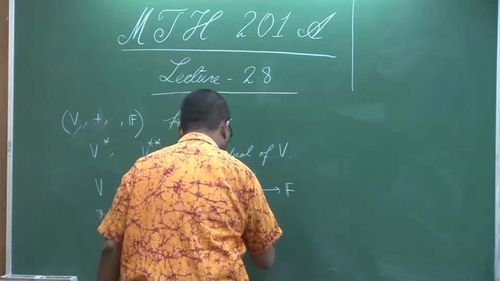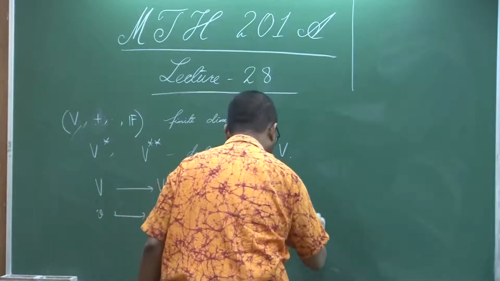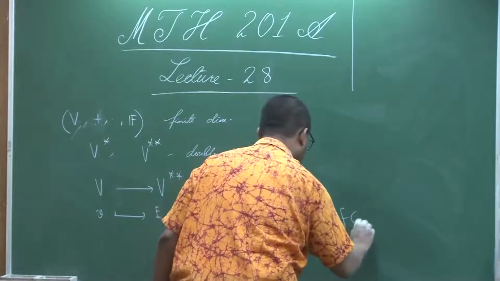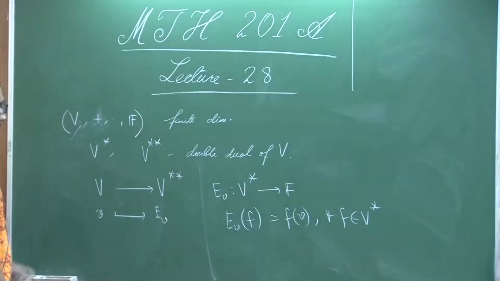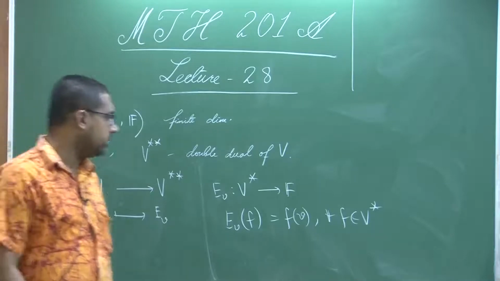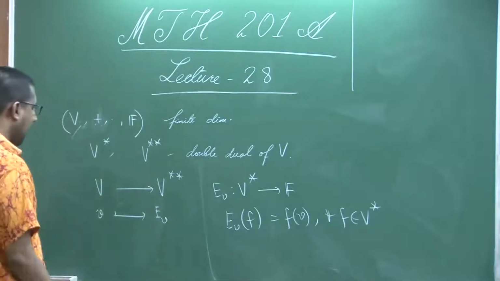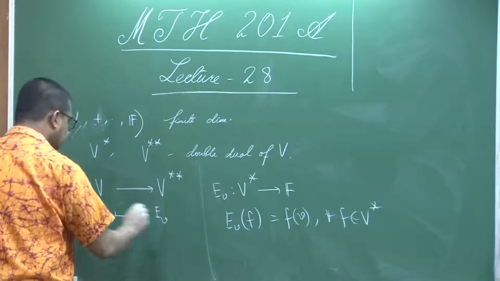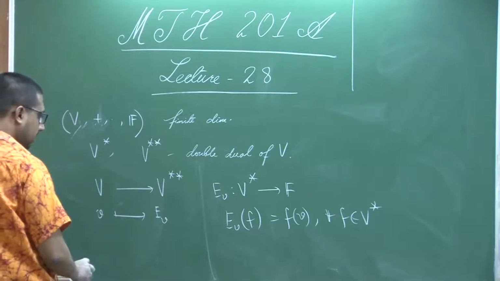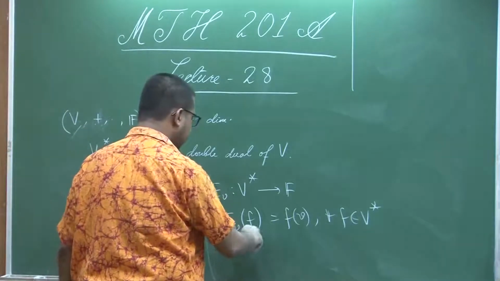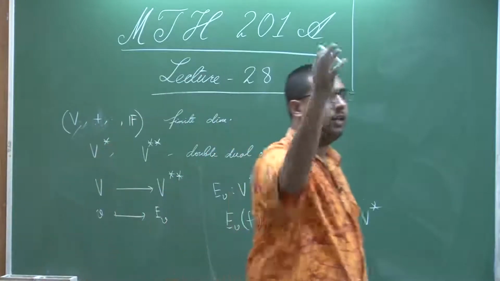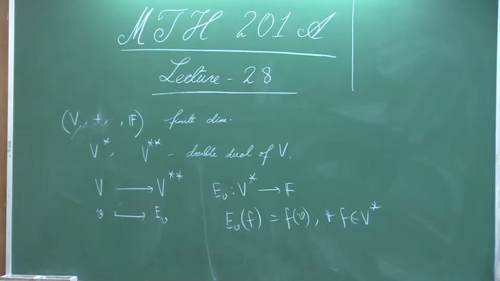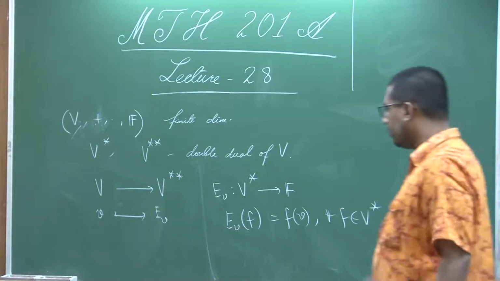E_v of f is f of v for every f in the dual. So, v is being mapped to E_v, and it is very easy to see that this map is linear, because E_(v1 plus v2) of f is f of v1 plus f of v2, which is E_v1 of f plus E_v2 of f. So, this map is linear.